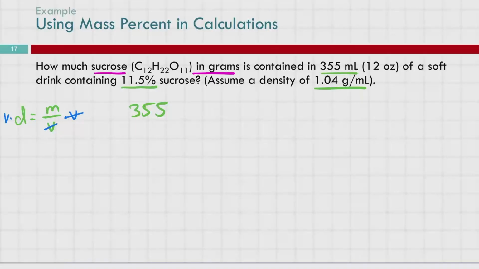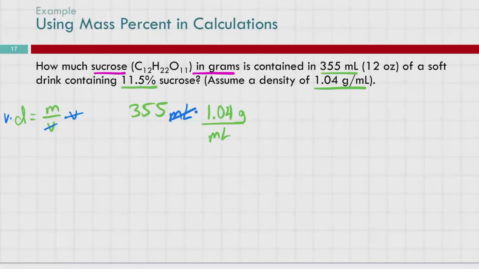Since we did it the dimensional analysis way, we'll do it the algebra way this time. So we start with D equals M over V, multiply both sides by V, and mass is equal to volume times density. So 355 is our volume. We're going to multiply that by our density.